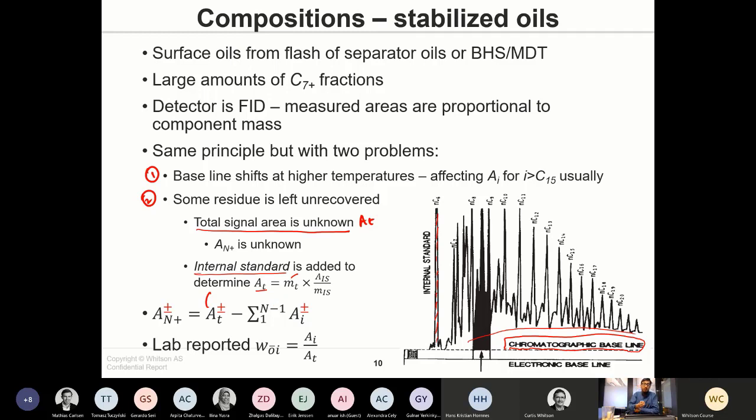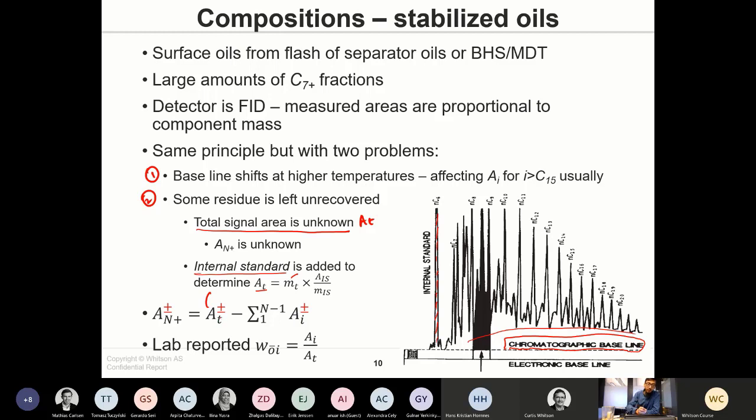Here you see that we have these plus-minus bars everywhere, because individual component areas may be affected, for example, by baseline shift. The total area can also have some uncertainty due to the internal standard, because in a perfect world there would be no error in knowing how much mass of internal standard you have input and calculating the total area of the internal standard and the total area.